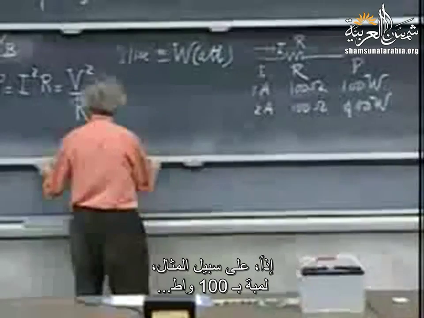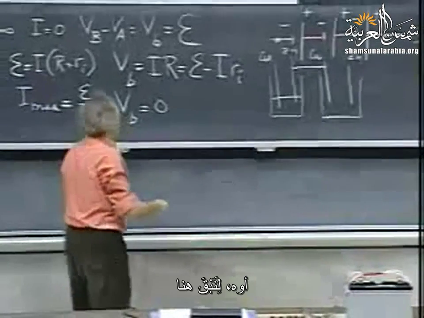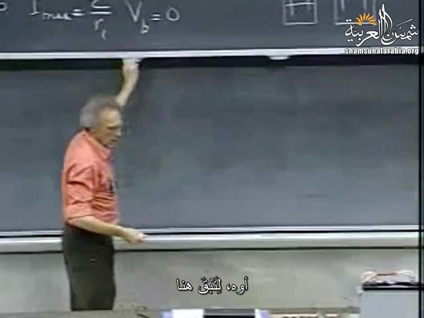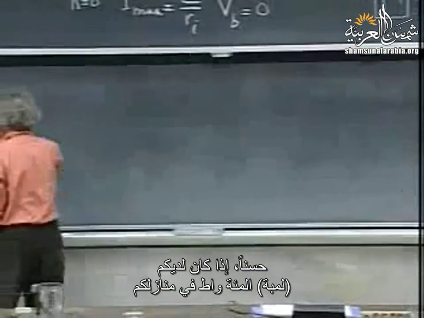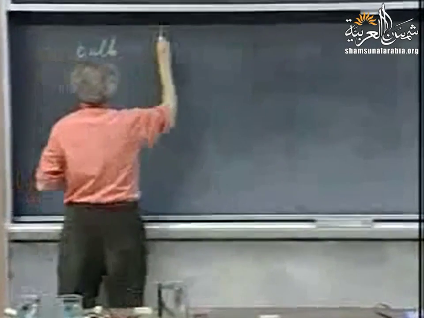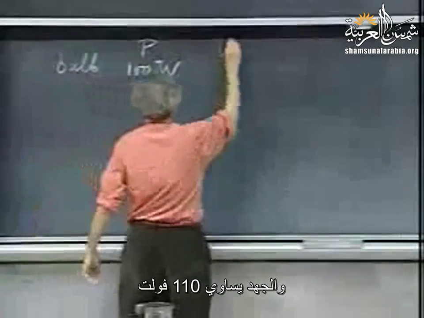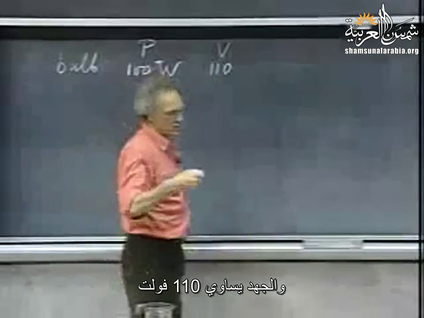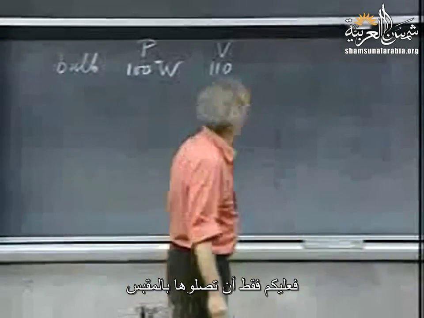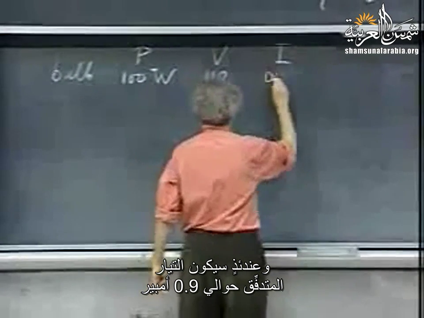So, for instance, if we have a 100-watt light bulb in your dormitory, and the voltage is 110 volts, you just plug it into the wall, then the current that will run is about 0.9 amperes.